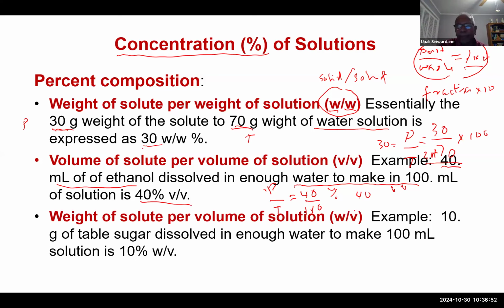It could be weight by volume, or other combinations. Normally we don't use the volume and weight of the solvent because that assumes a solid solution, and we don't deal with solid solutions.